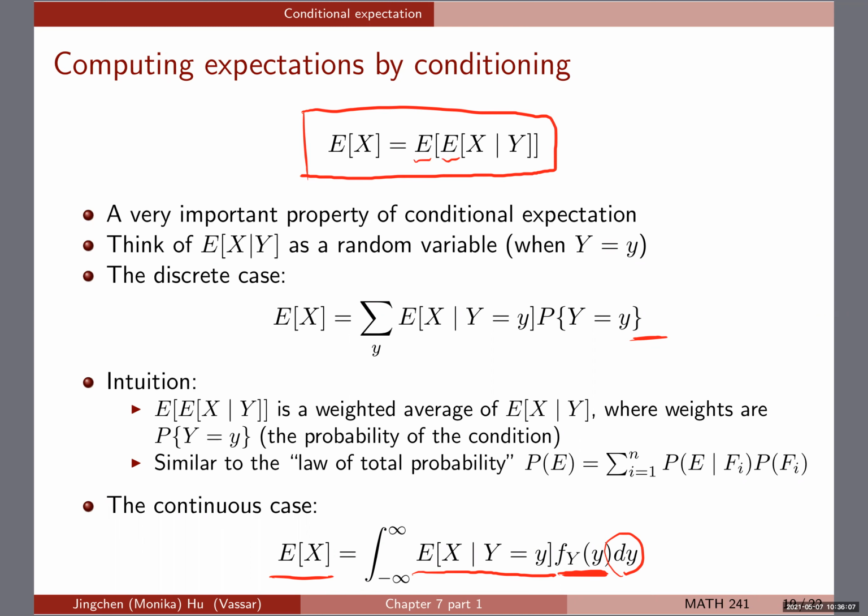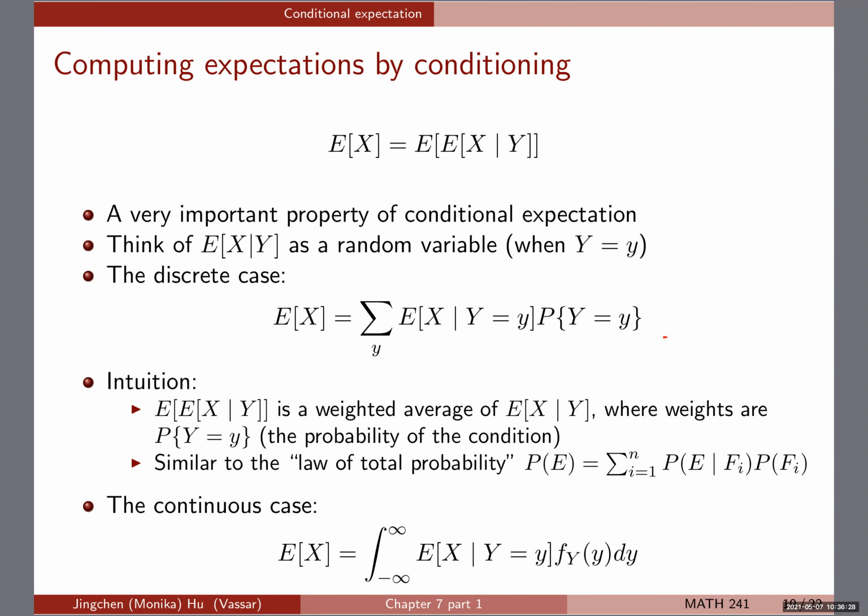The inner one is about x, because x is a random variable, and that's what we mean by conditional expectation. The outer one is about y, because we are using the marginal distribution of y to get rid of y in the conditioning in order to get the expectation of x.